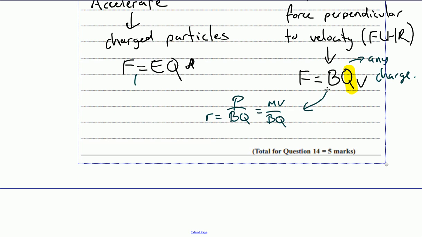Because it's accelerating, could I rewrite this force equation in terms of an acceleration? a is Eq over m. Yep, that's good.